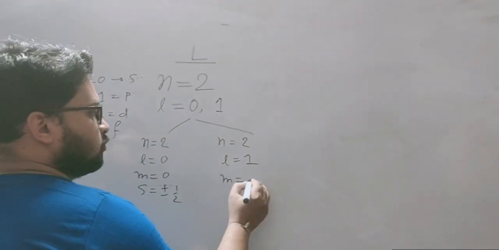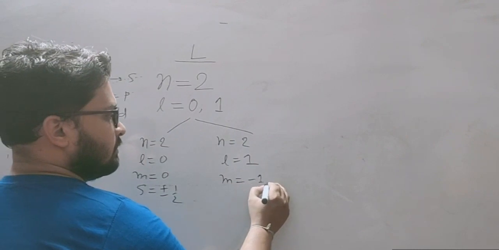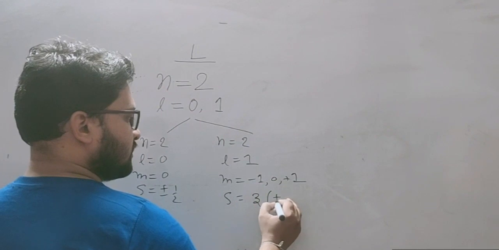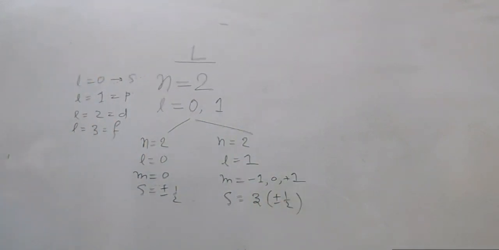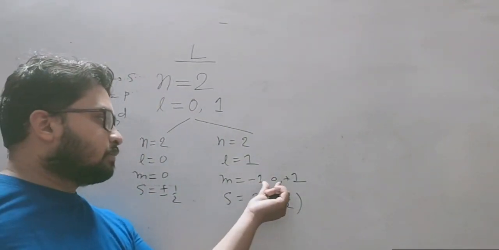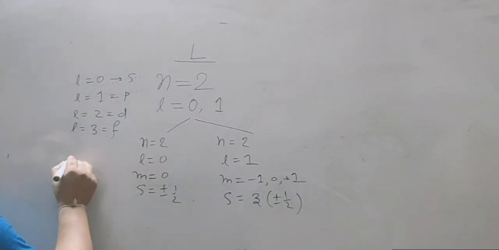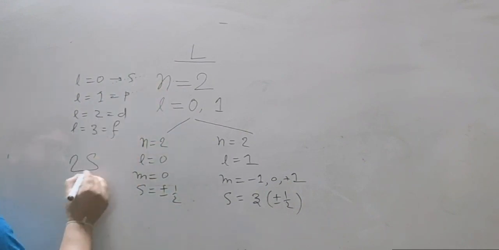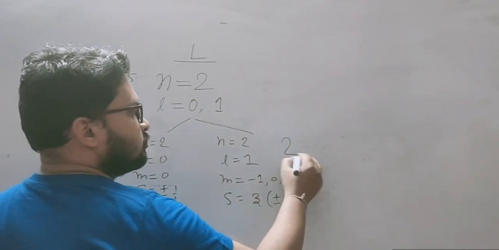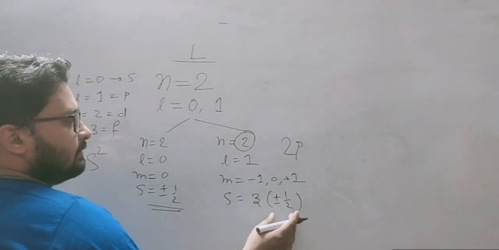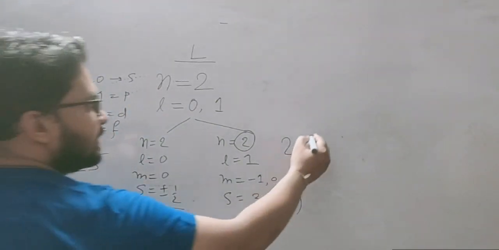For l equal to 1, m equal to minus 1, 0, plus 1, so s is equal to 3 into plus minus half. For 2, this is 2. For l equal to 0, this is s, and the number of electrons is 2, so 2s2. And for n equal to 2, l equal to 1, that means it is p, so 2p, and the number of electrons is 6, so 2p6.